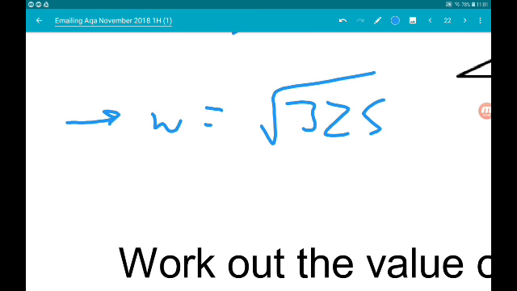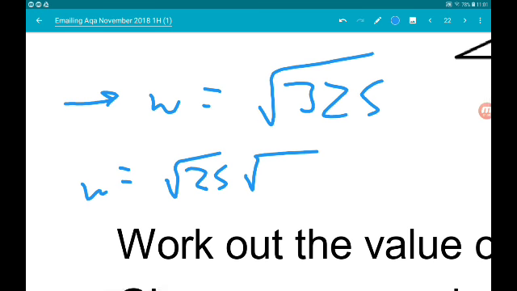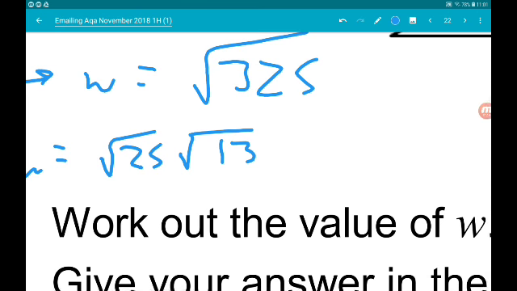So we can say W is root 25 root, well, there's 4 25s in 100, so there's 12 in 300, so 13 in 325. So we got root 25 root 13, which finally is 5 root 13. Boom.